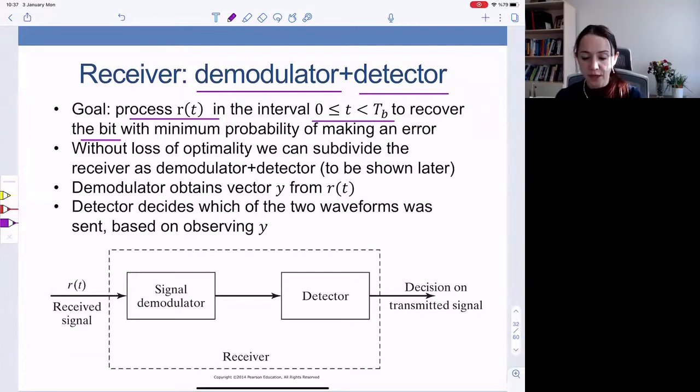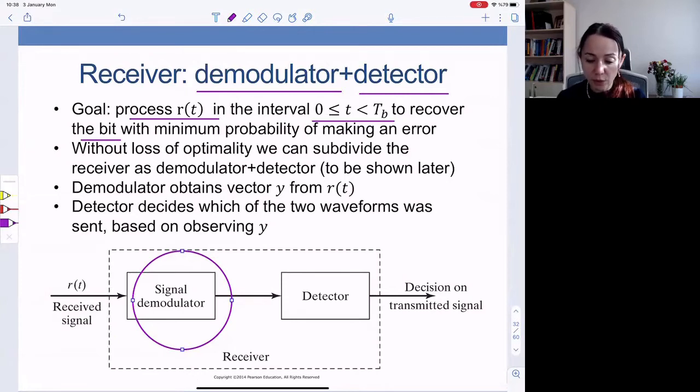Now, it can be shown that we can subdivide this receiving process into a demodulator and detector without any loss, because we know a way of doing this that provides what is called a sufficient statistic for making this decision with minimum probability of error.